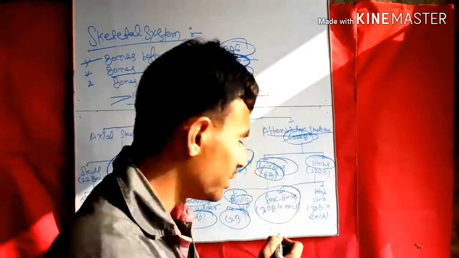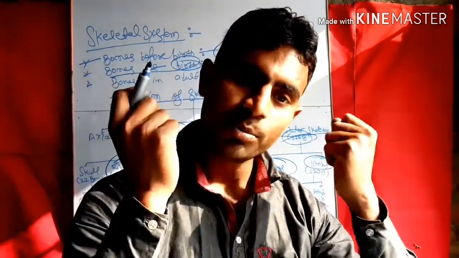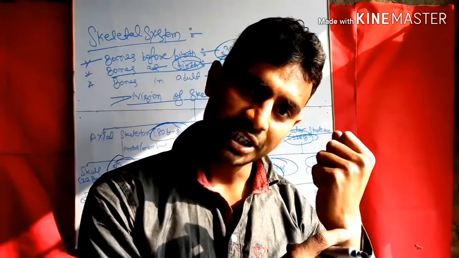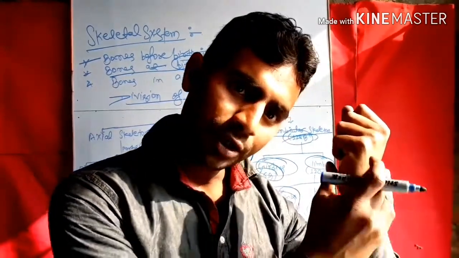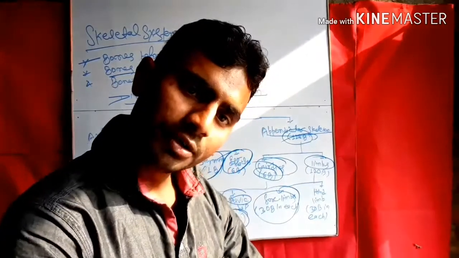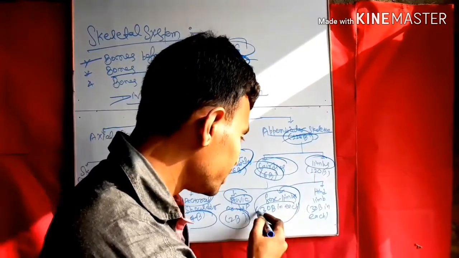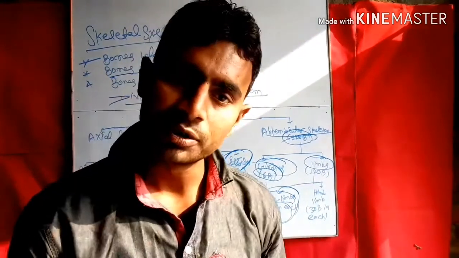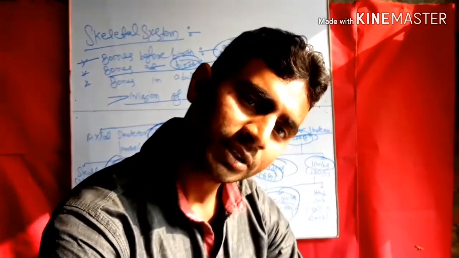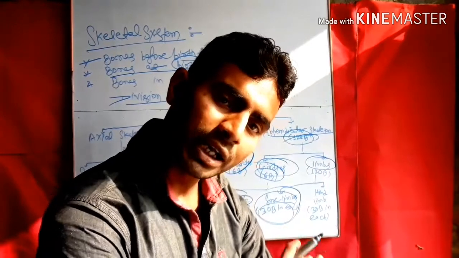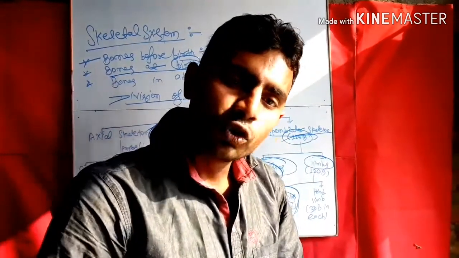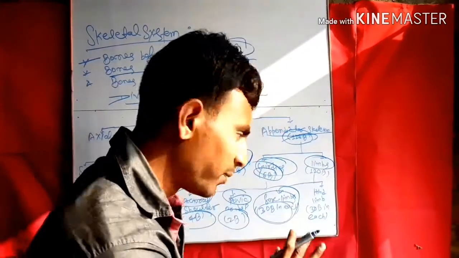This means in the forelimb 60 bones are present. By this you can understand that each forelimb has 30 bones, and we have one pair of forelimbs, so we have 60 bones in the forelimb.